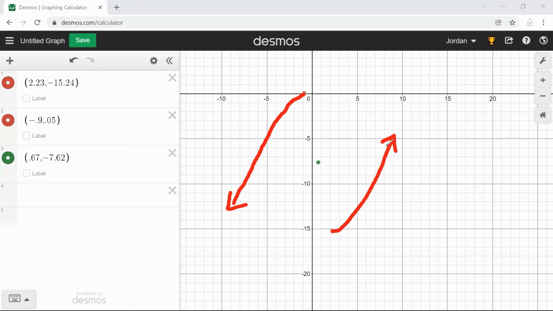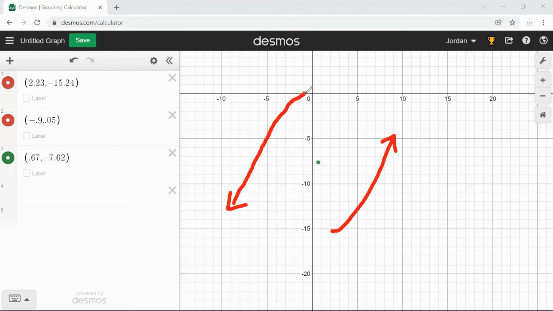This point of inflection is a point where the second derivative could change, so the concavity could change. If you further break this up into concavity, you could find out that at this critical point of negative 0.9, 0.05, we are concave down.